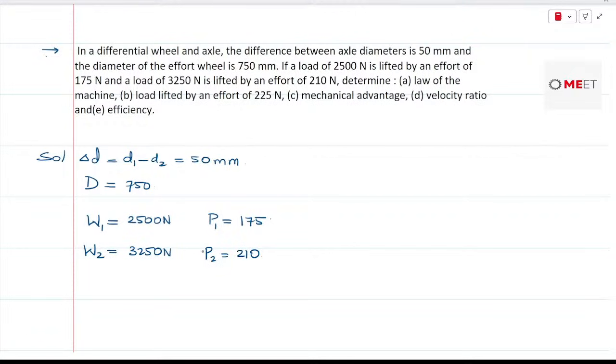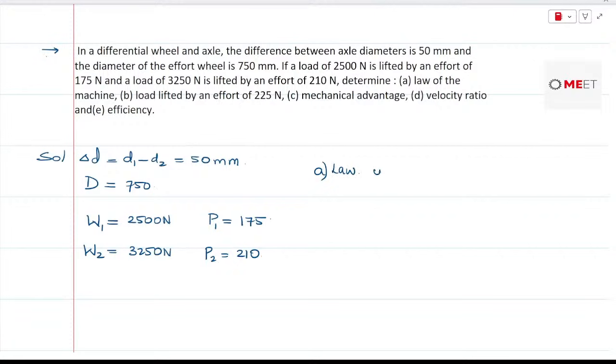That is to be determined. And what is the magnitude of load that would be lifted if an effort of 225 newtons is imposed? Part C is about mechanical advantage, part D is about velocity ratio, and E is about the efficiency.